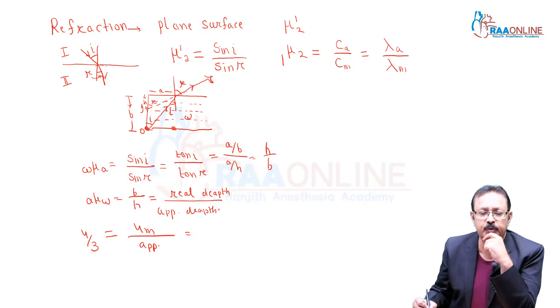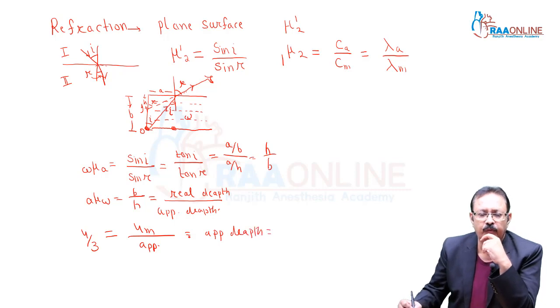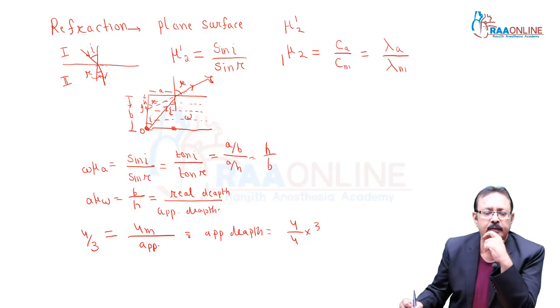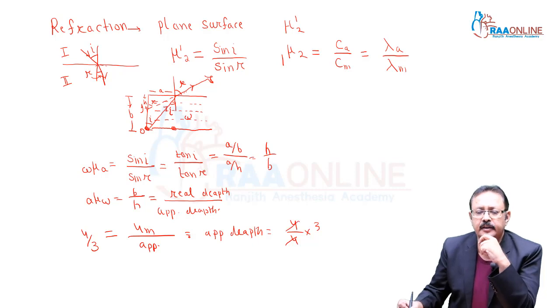Apparent depth is equal to 4 upon 4/3. If real depth is 4 meter, you will see it as 3 meter.